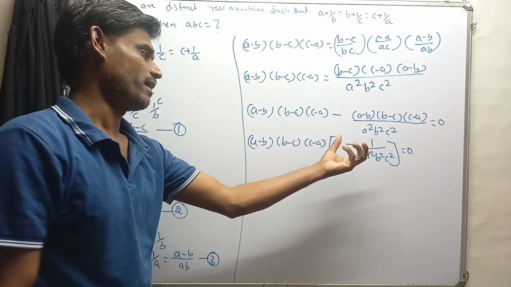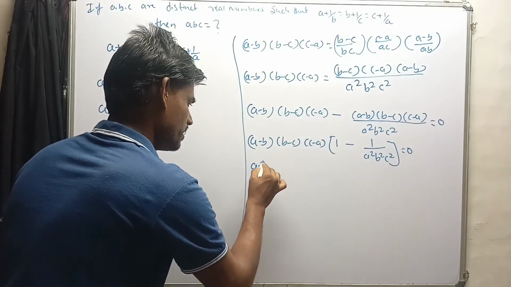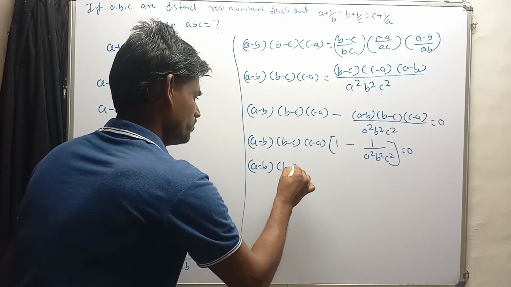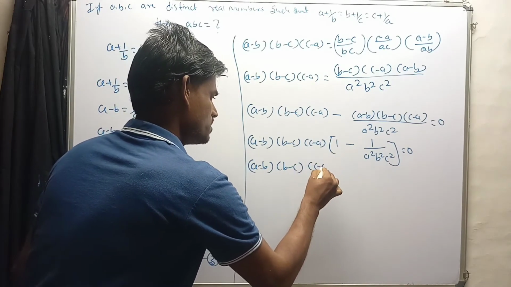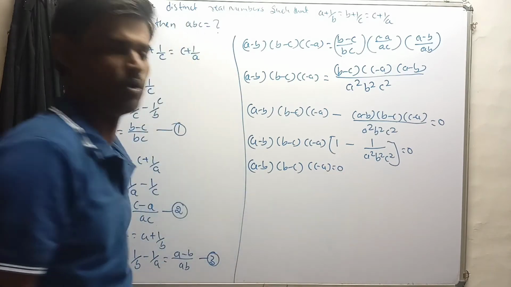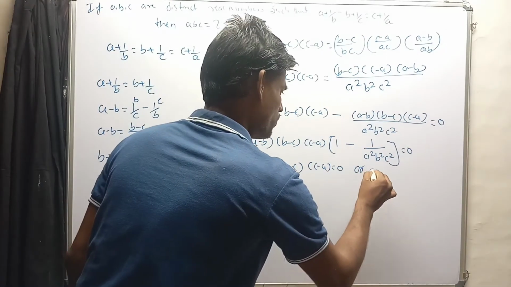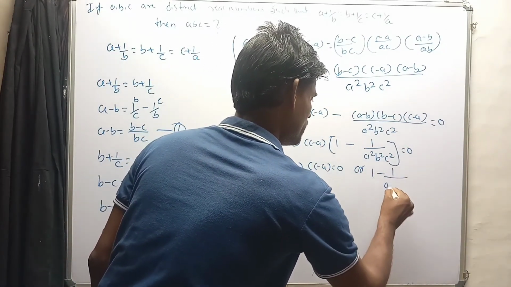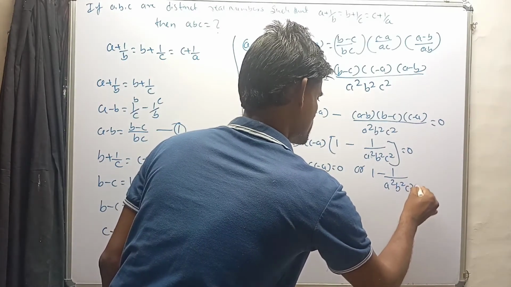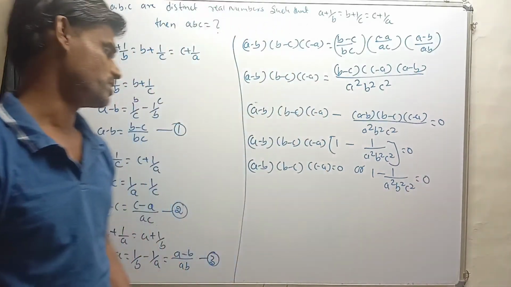Then we can write A minus B into B minus C into C minus A is equal to 0, or 1 minus 1 by A square B square C square is equal to 0.